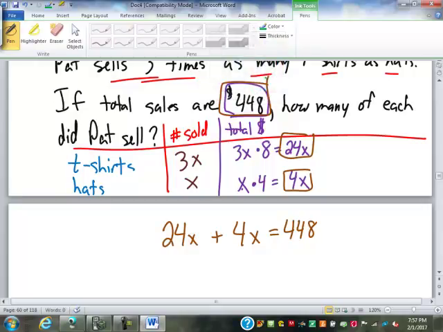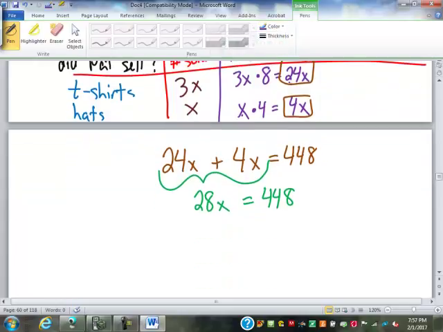Now what? 24X and 4X make? 24 and 4 make 28, so 28X equals 448. And then we divide by 28.